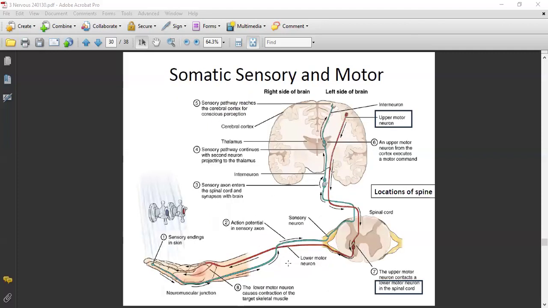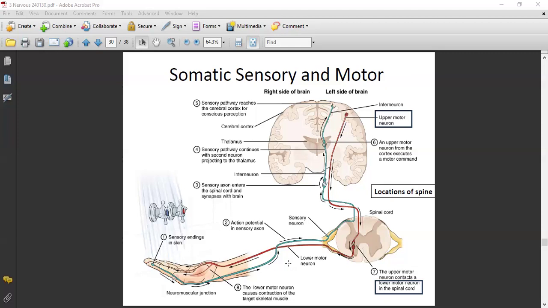This one shows you a simple version of motor control. As you can imagine, motor control can be quite complicated. Do you watch sports? If you watch sports, you probably know that basketball players or soccer players can do a lot of very amazing motor movements.